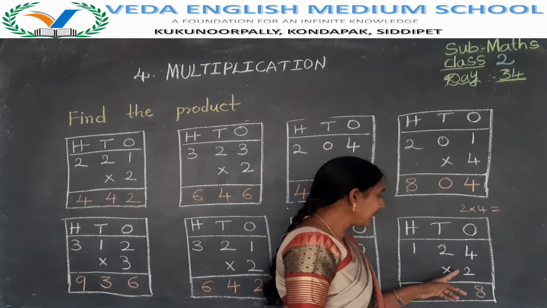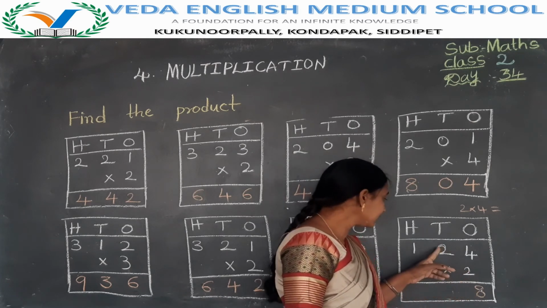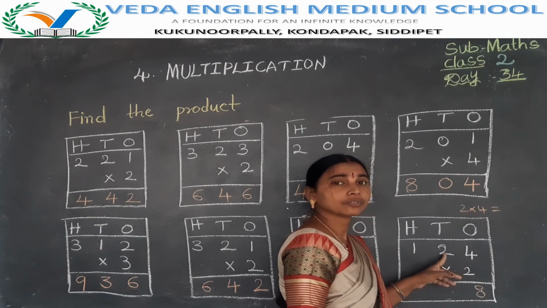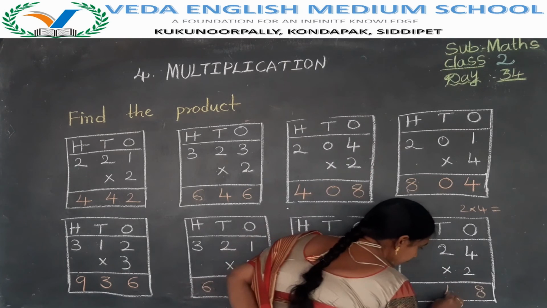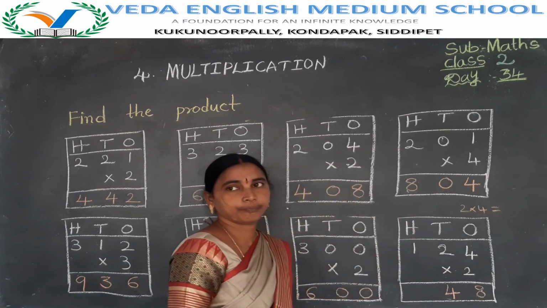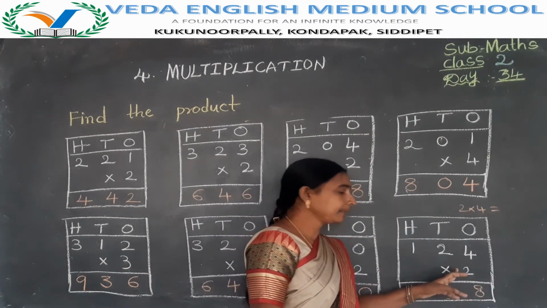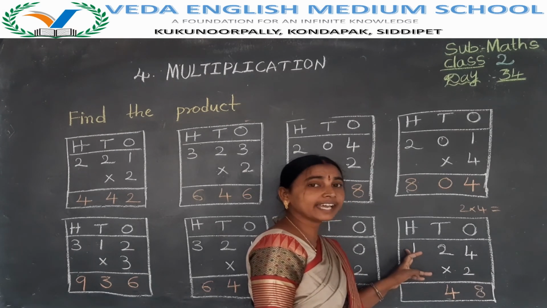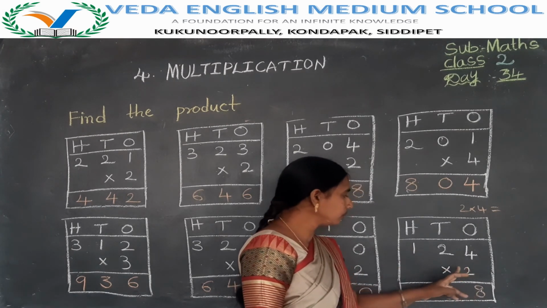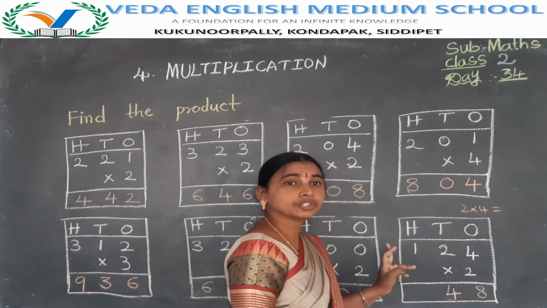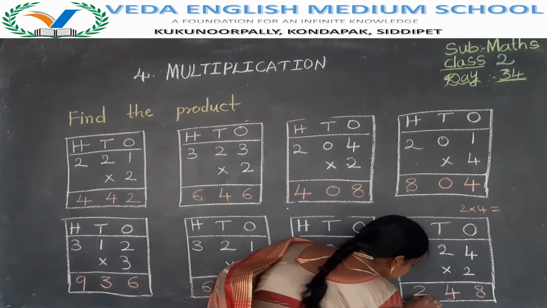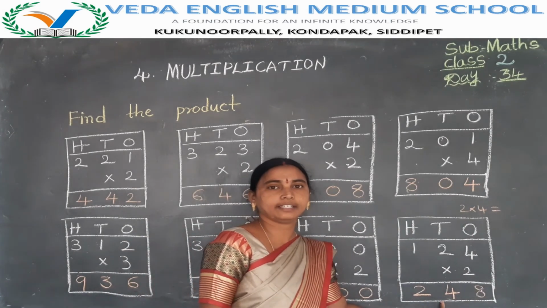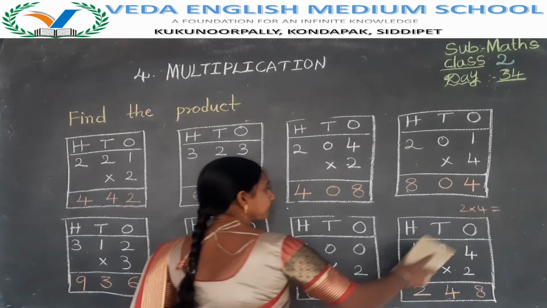Next, multiply digit 2 in the tens place by 2. 2 twos are 4. Multiply digit 2 in the hundreds place by 1. 2 ones are 2. The product is 248. Understood, Nana?